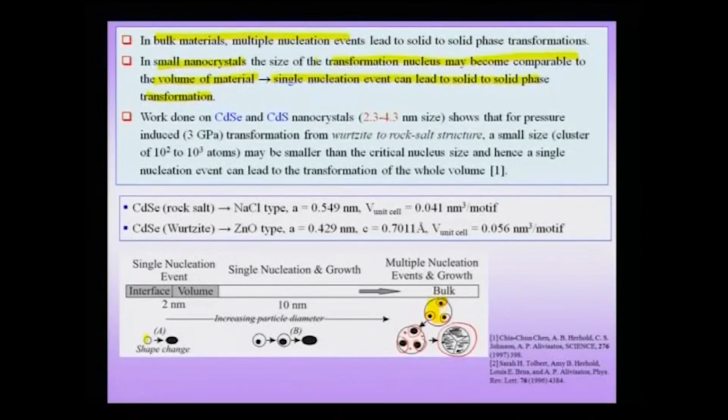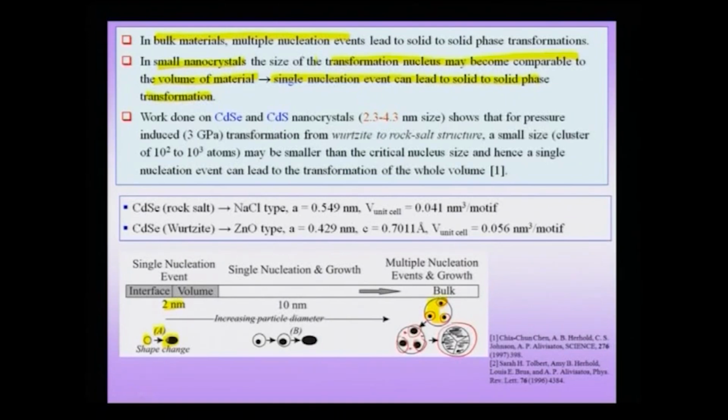The schematic is shown here: you have a nanocrystal at the bottom shown by A, and I assume that the nanocrystal is of the order of nanometers. Then a single nucleation event is as good as transforming the entire material, and therefore the transformed material is shown on the right.